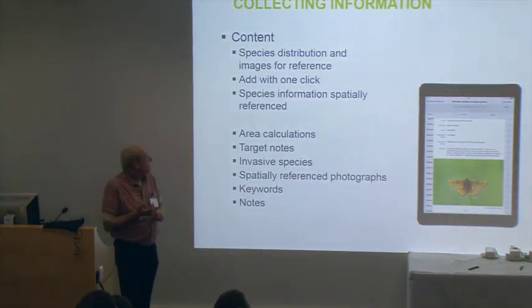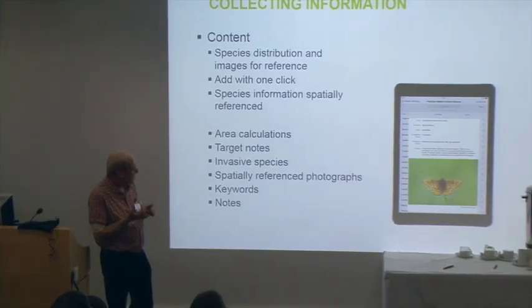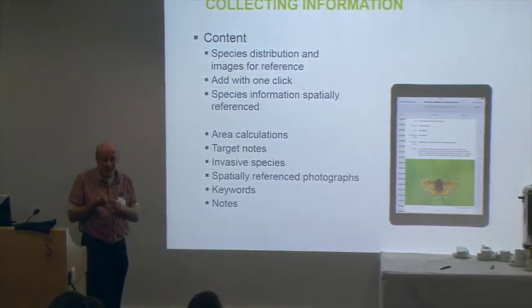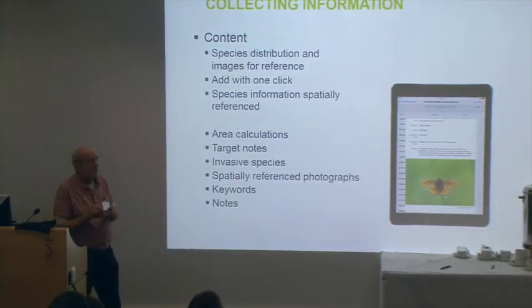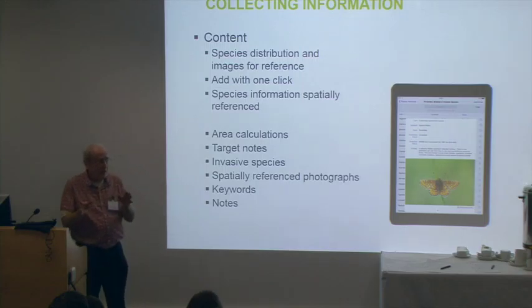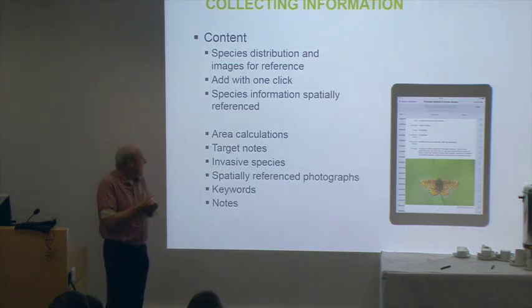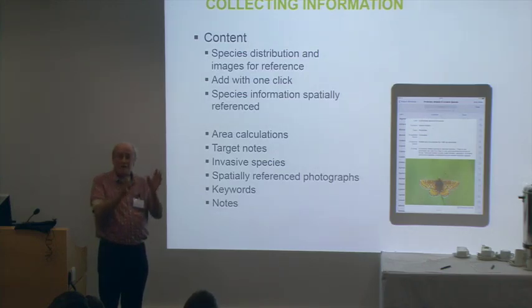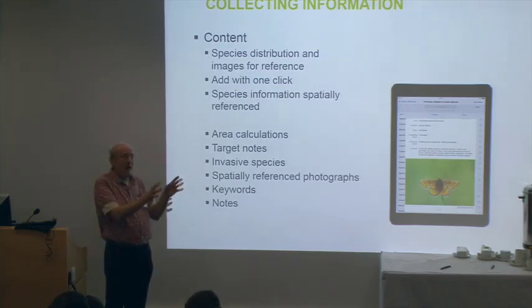So for our species information, we've got information about the standard indicator species of all the JNCC habitats, and for that we collected information from the BSBI, NBN, added photographs, every single species on there has photographs, and it also has a distribution map, so you can get an ID.